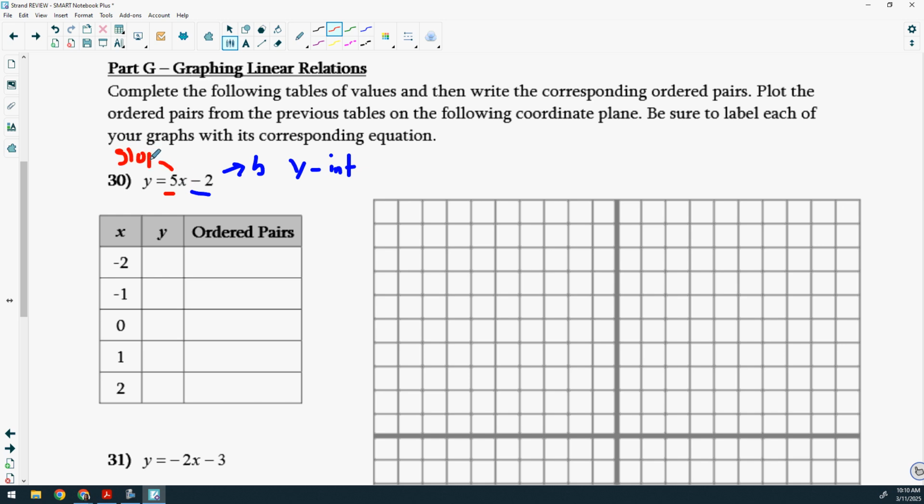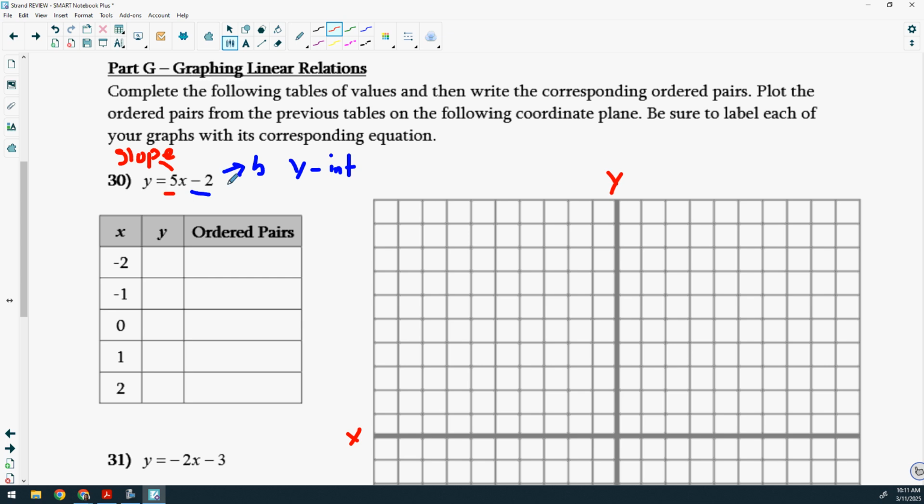Sorry for the messy writing. Our y-intercept is where our line touches at the y-axis. And our slope is our rise over our run, or our rate of change.